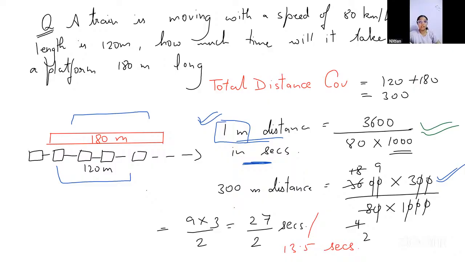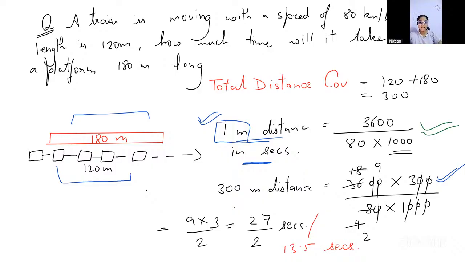It's not just simply finding the time; when the quantities are equal, you have to do a conversion here. You have to find the answer in meter per second. So for per second, we take 3600. For meter, we take 1000, and then we solve it.